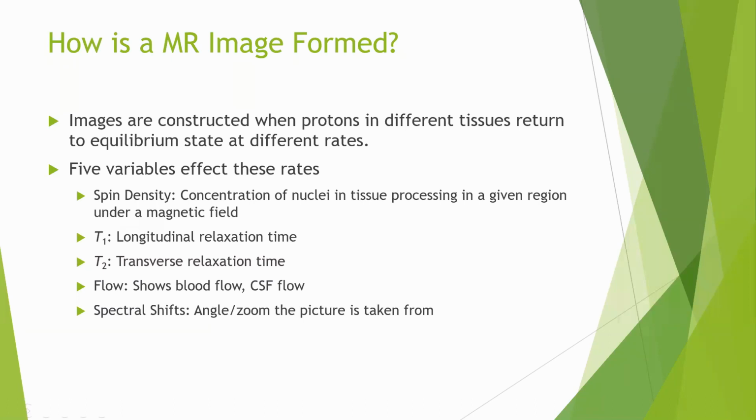And probably you and I will not come across most of the time, if you are not working in a trauma center or acute care center, ICUs and all, probably you will not come across flowmetry. Spectral shift is another technique usually done for the brain, like in Alzheimer's disease, Parkinson's disease, even in MS, any central nervous system disease, they do spectral shifts to understand which areas of the brain are essentially affected. But from a musculoskeletal standpoint, you will come across T1 and T2 weighted images most of the time.